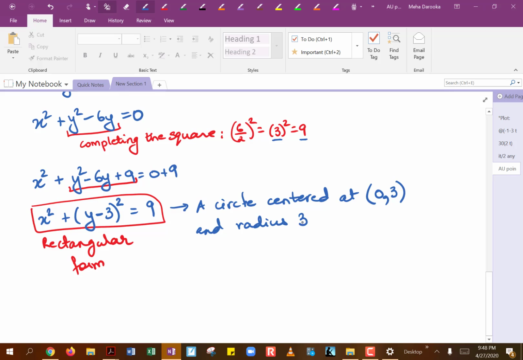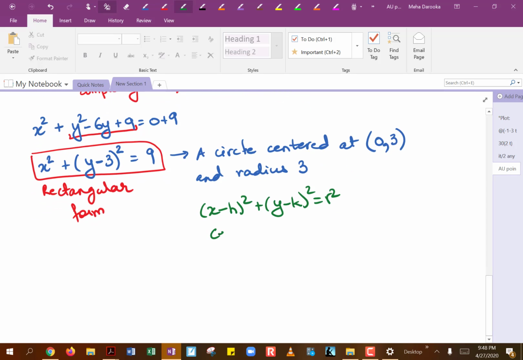Now again, guys, this is something you should remember from college algebra, where the general form of your circle is x minus h squared plus y minus k squared equals r squared, and this is where the center of your circle is at h comma k, which is of course coming from these values here.